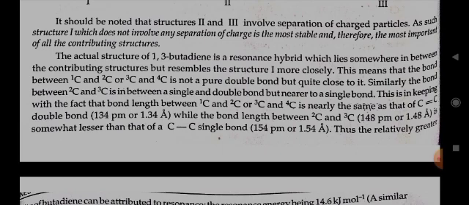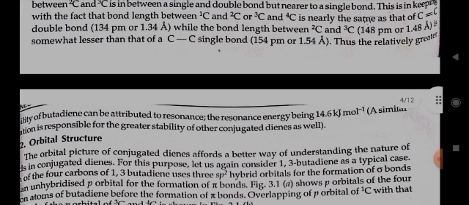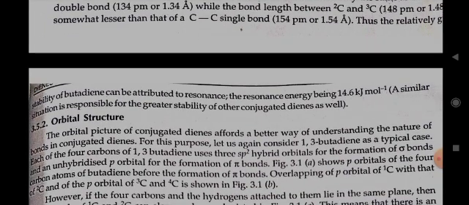This is in keeping with the fact that the bond length between C1 and C2, or C3 and C4, is nearly the same as that of a carbon-carbon double bond, while the bond length between C2 and C3, 148 picometer or 1.48 angstrom, is somewhat less than that of a carbon-carbon single bond. Thus the relative greater stability of butadiene can be attributed to resonance, the resonance energy being 14.6 kJ/mol.